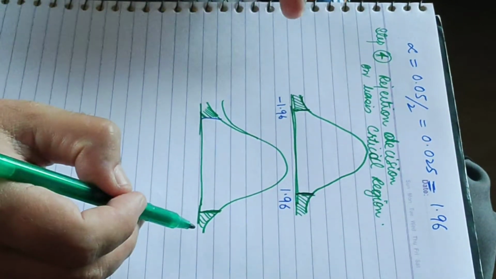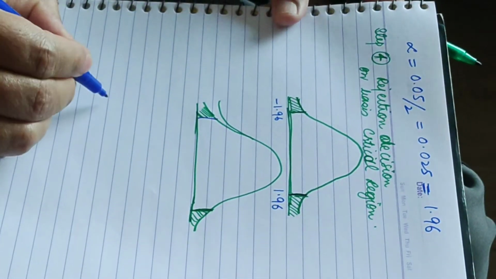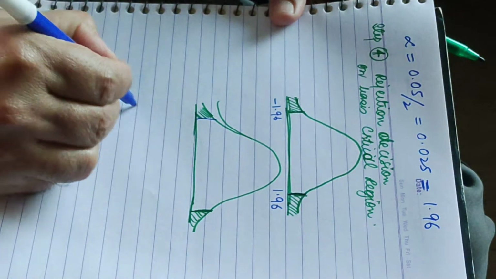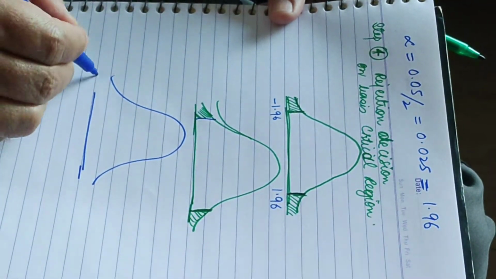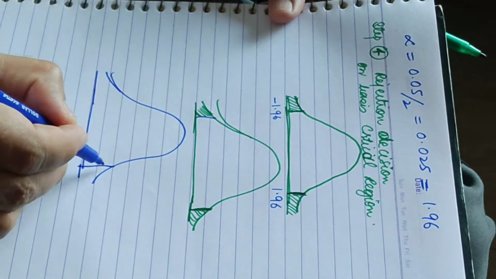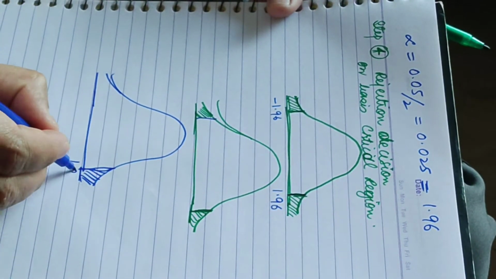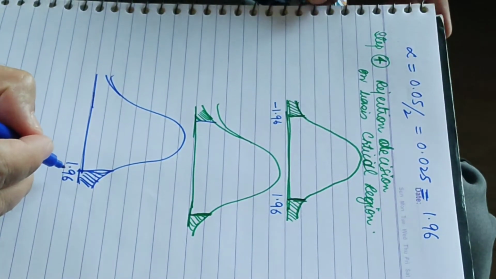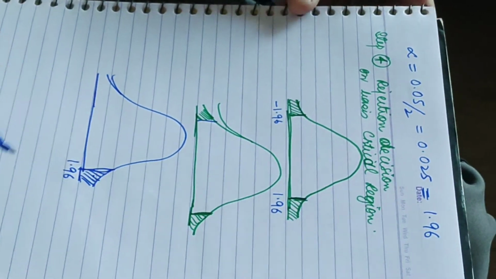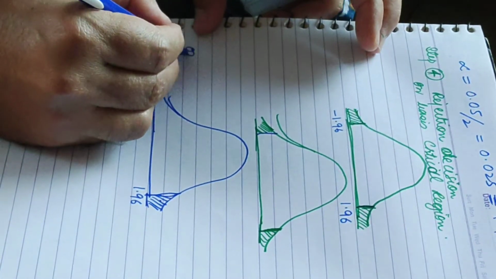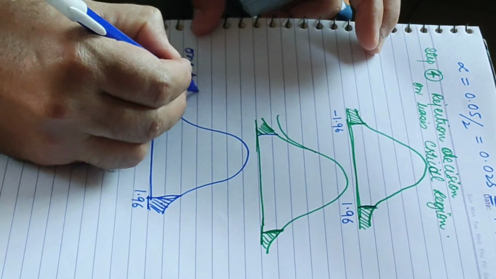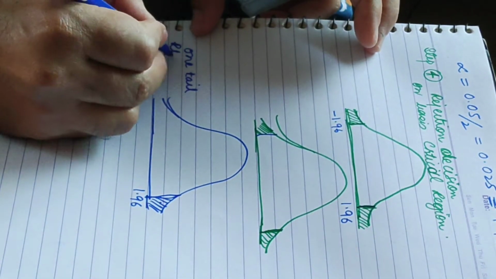In the one-tail, if it is greater, we draw the bell shape and write 1.96 over here. So it is a one-tail, but on the right side.